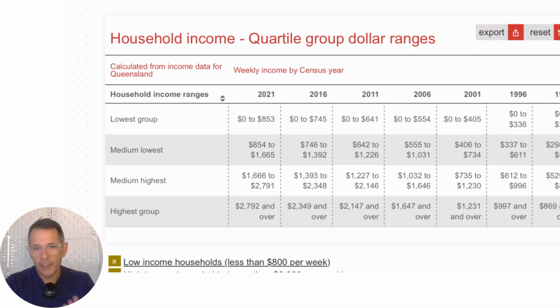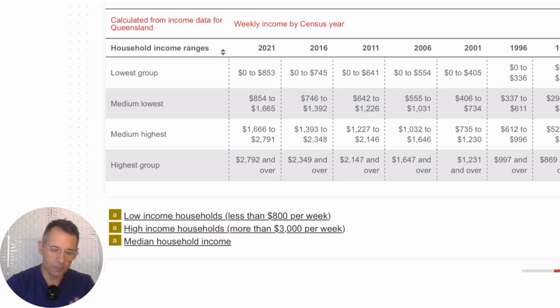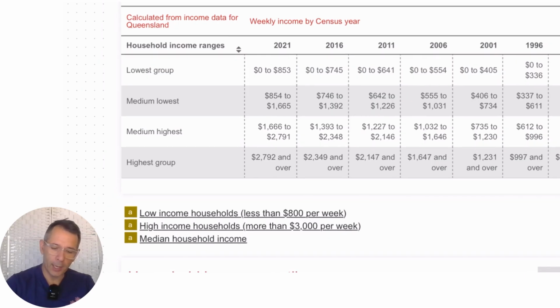The next demographic that we need to consider is affordability. Now, we need to understand what people can actually afford based on their income. So you can see here, household income in this area is broken up into quartiles. Much as the property prices were broken up, it was broken up into lowest, medium lowest, medium highest, and then highest.